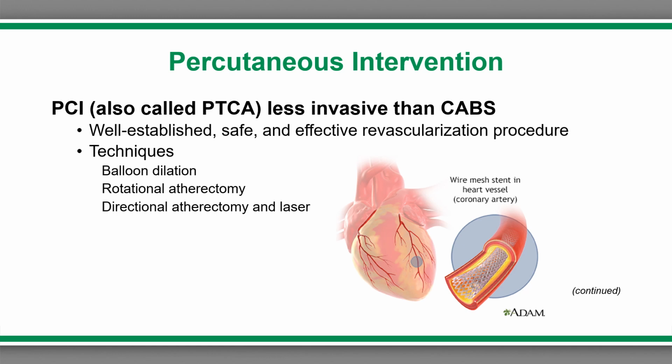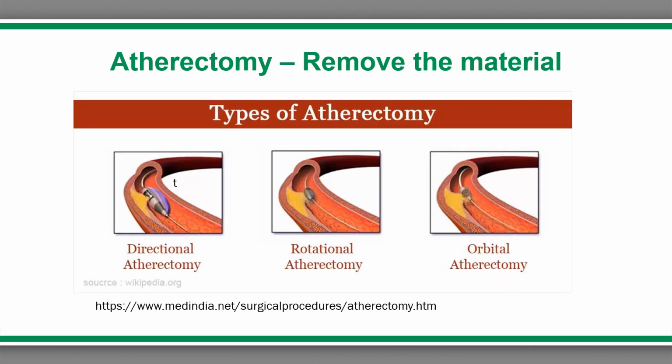This picture shows a wire mesh that's been introduced, and what that does is it holds that vessel patent so it stays open. Here is removal, an atherectomy, where there are different ways it can rotate. It can be like an orbital sander, or it can just be in one spot. So those are just to give you an idea about the different ways of removing that material.